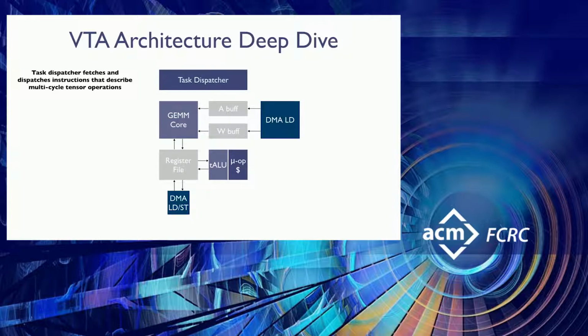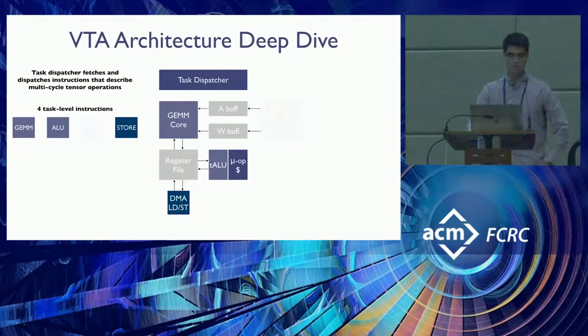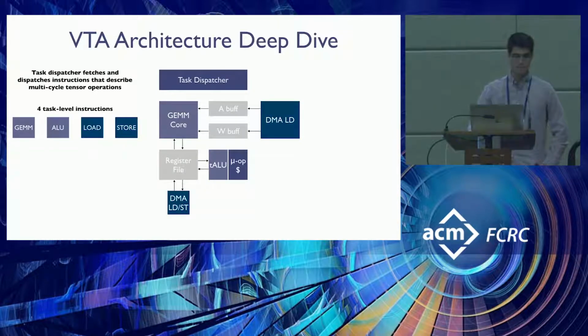The idea is that this dispatcher will send multi-cycle tasks to our 4 different functional units: our GEM core, our ALU, and load and store DMA engines. These form our 4 high-level task instructions. There are a lot of parallels with the TPU instruction set architecture described in the paper, and I assume that a lot of deep learning architectures use a similar high-level programming model.